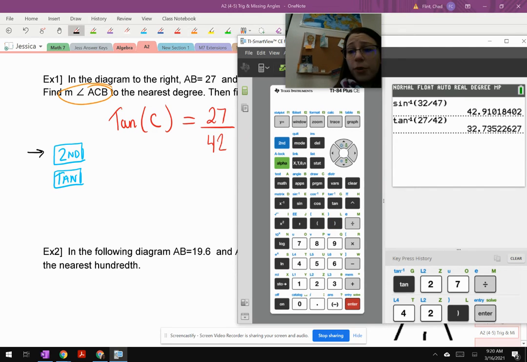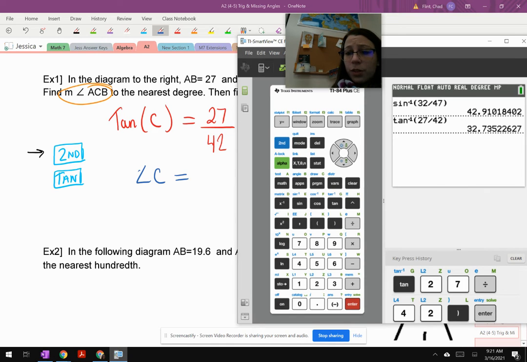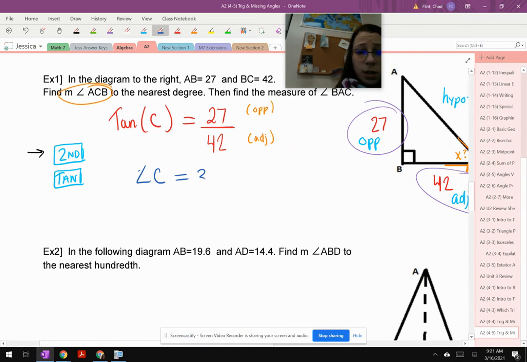So just like before, writing down the decimal to 3 decimal places, 32.735. So now when I'm writing this, I'm not writing the tangent of C. I'm writing that angle C is equal to 32.735.